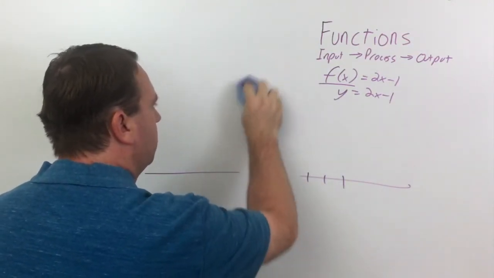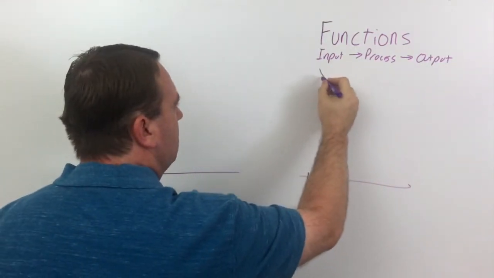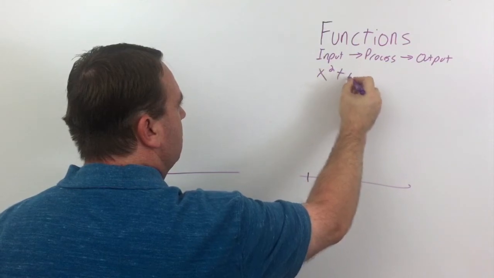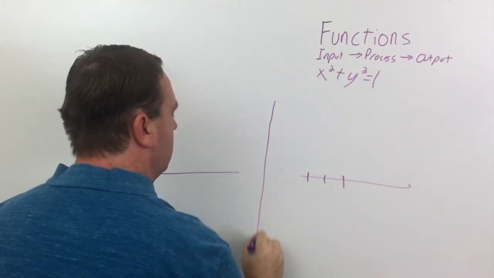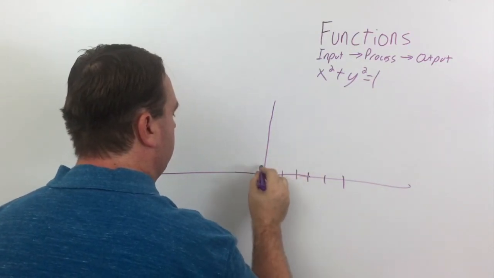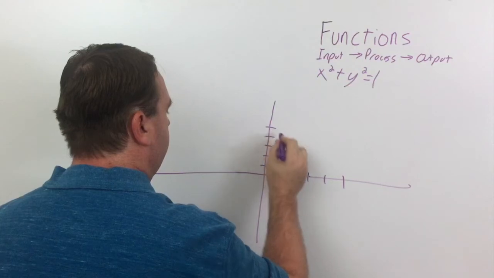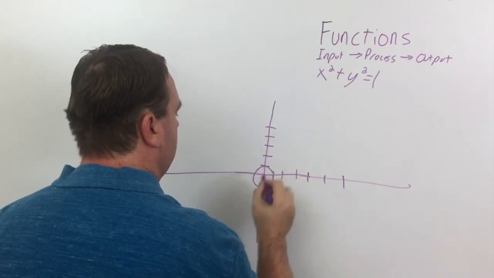For example, when we had the implicit function, x squared plus y squared equals 1, that actually forms a very small circle right here. Okay.